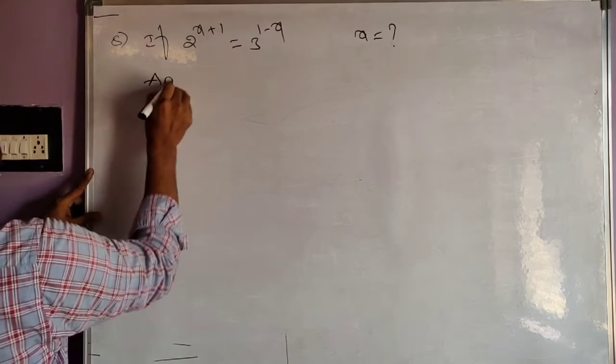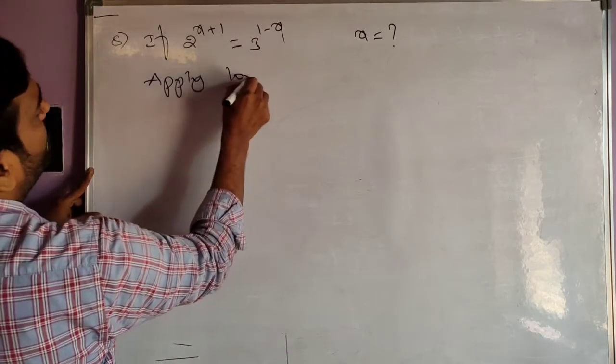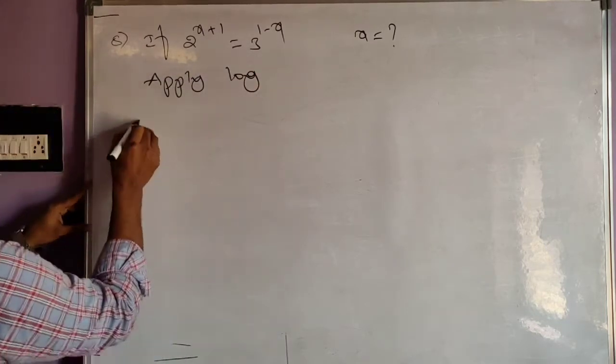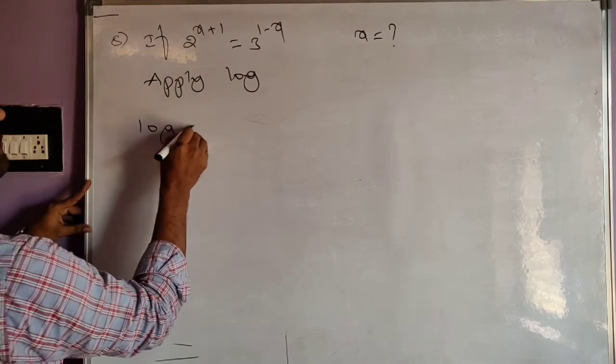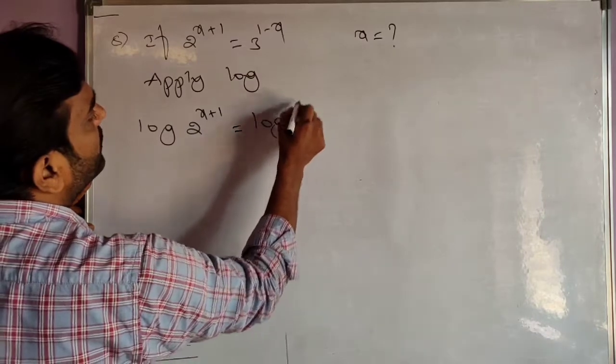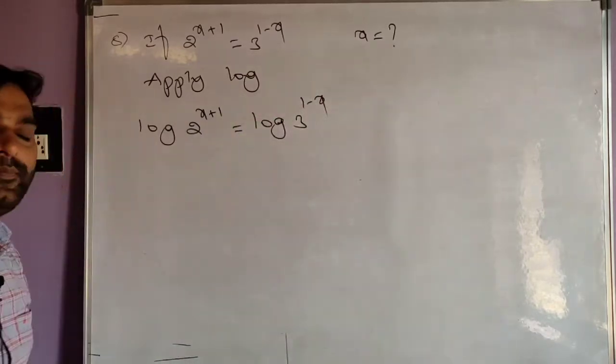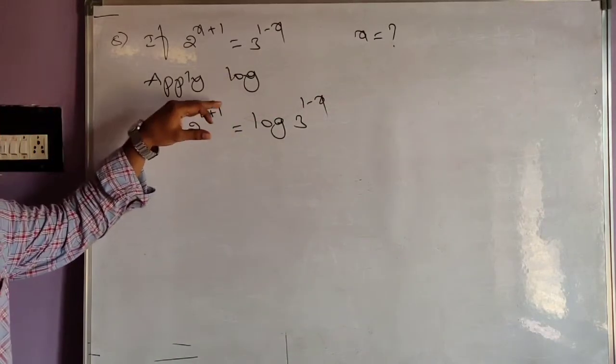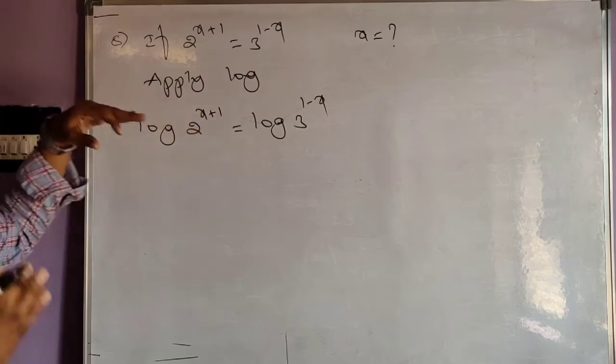First, apply log on both sides. Then you will get log of 2 to the power of x plus 1 equal to log of 3 to the power of 1 minus x. Log a to the power of m, what's the formula? m log a.